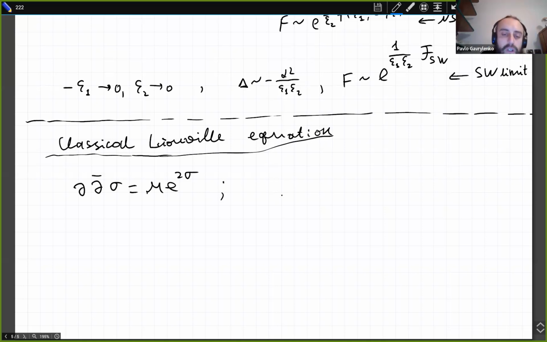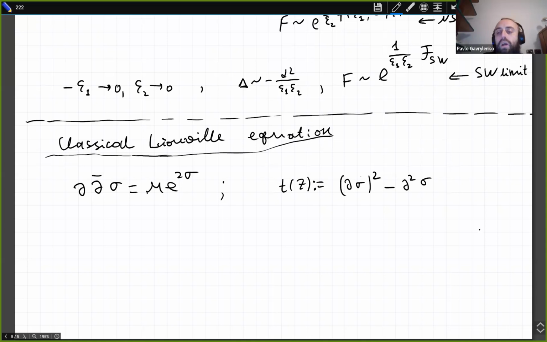But let us consider the following object, t of z, which is (d sigma) squared plus d squared sigma, and maybe minus d squared sigma.